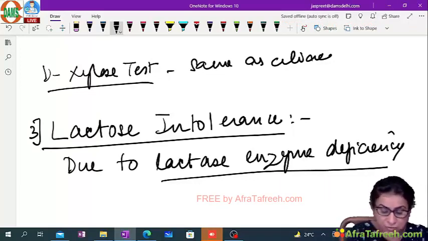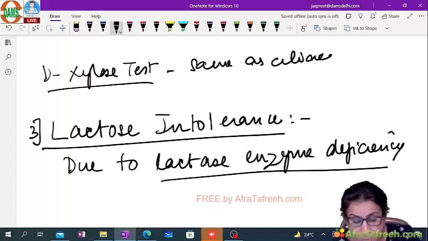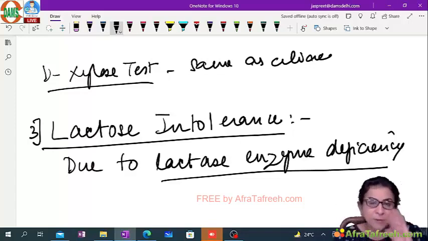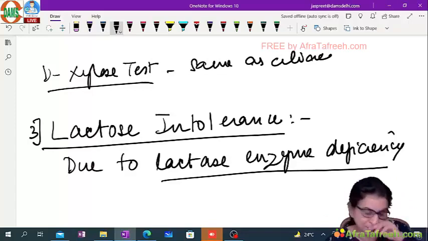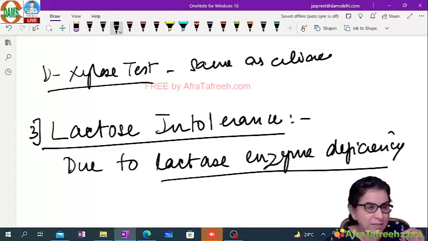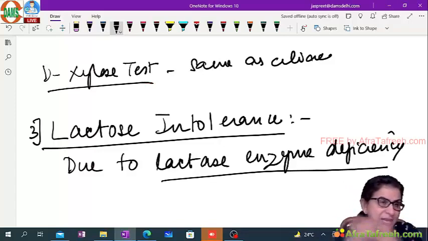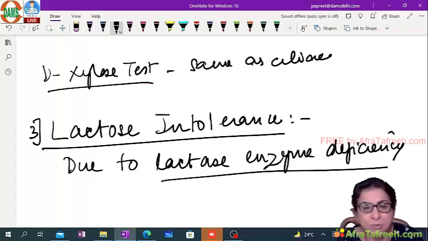Okay, Ayush, you've asked me about the pathogenesis of tropical sprue. The exact pathogenesis is not known. Since it responds to antibiotics, the cause is probably bacterial, but we don't know for sure. It is seen in people who usually live in tropical regions.